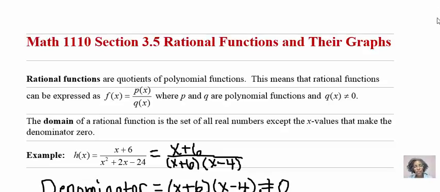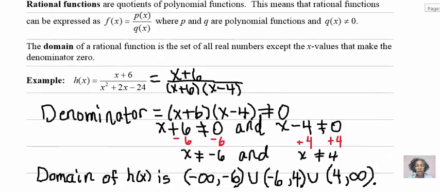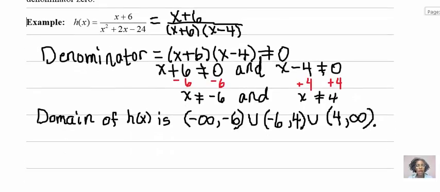So let's continue looking at section 3.5, rational functions and their graphs. Last video, we looked at finding the denominator of the function h of x.